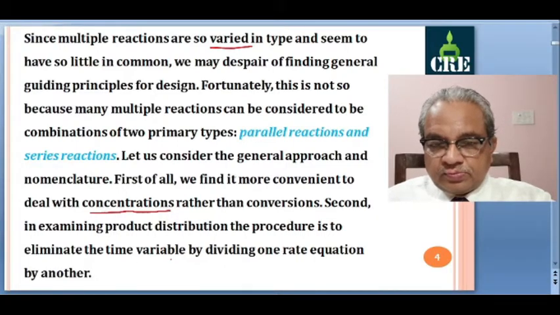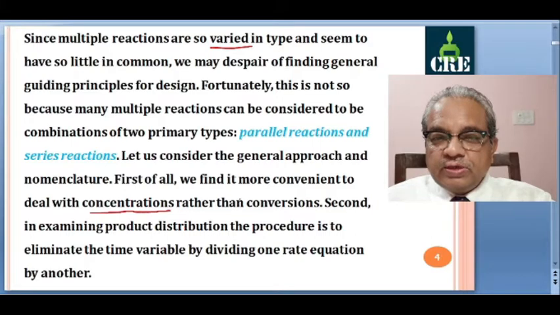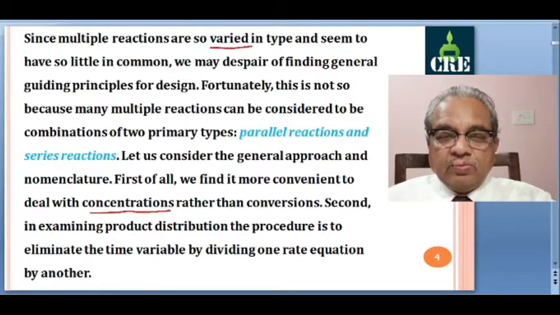Second, in examining the product distribution, the procedure is to eliminate the time variable by dividing one rate equation by another. So we have to take the ratio of the two rate laws, so that if say dCA by dt and another is dCR by dt, if you take this ratio, dt can be eliminated.